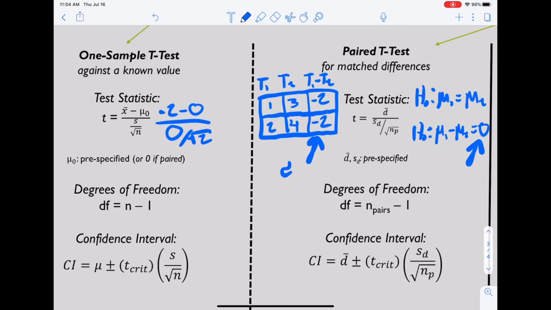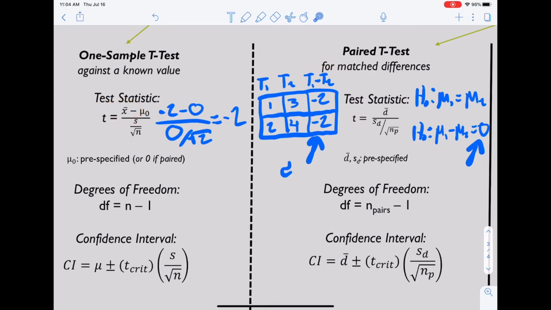That would give us some test statistic, which would be -2, because I'm making the math easy for me. And then we can just do a 1 sample t-test based on this single column of differences. The math doesn't know the difference. We know, but the math doesn't. So we can treat this 1 column of differences as its own thing.